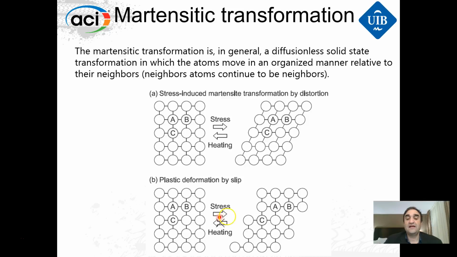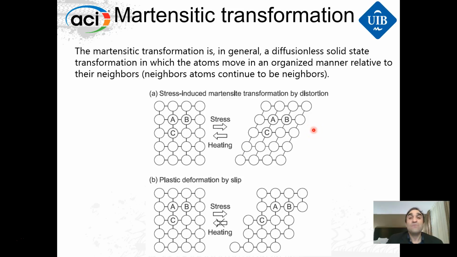strain. This is plasticity. However, if we have the martensite transformation, and we have stress-induced martensite transformation by distortion, we can have these atoms here, and we apply a stress, and then small movements are going to move the different atoms, but atoms A and C are going to continue to be neighbors.